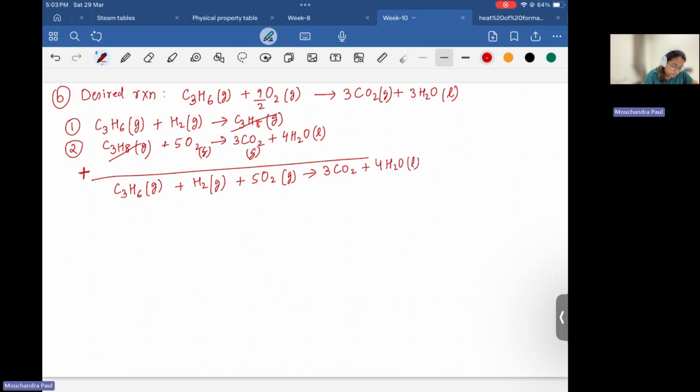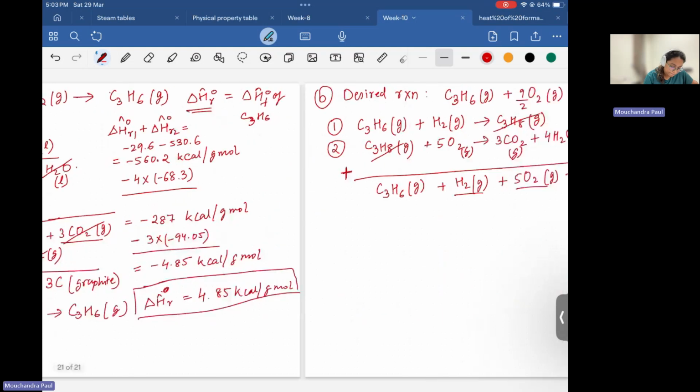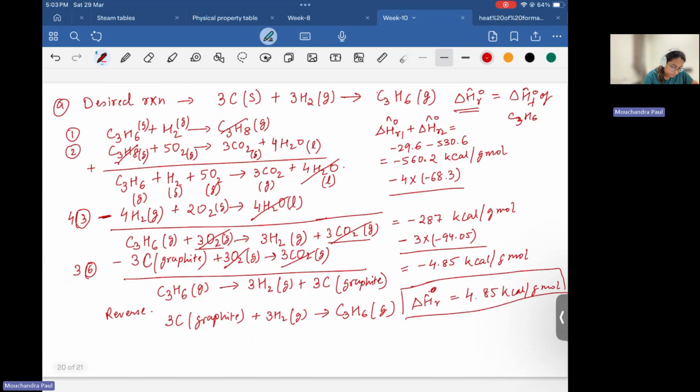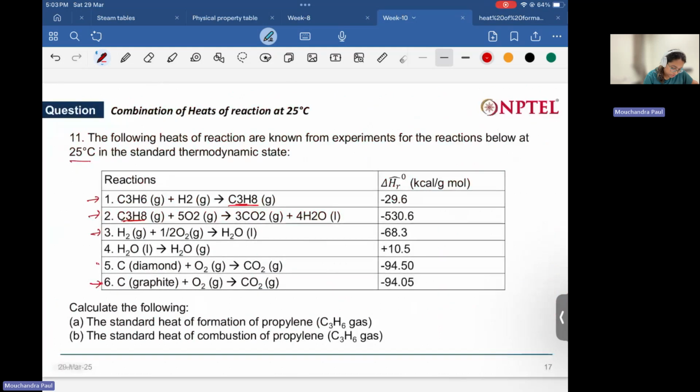Okay. What are the terms that we don't need? We don't need this. And also we need to fix the coefficient of O2 and H2O. So we can maybe use the expression for formation of water.